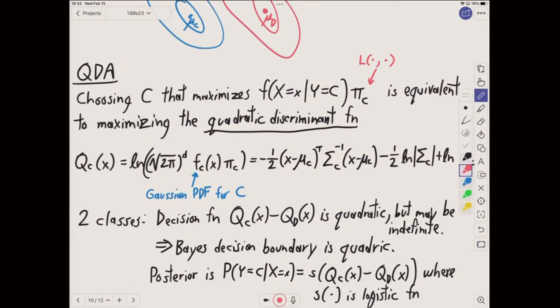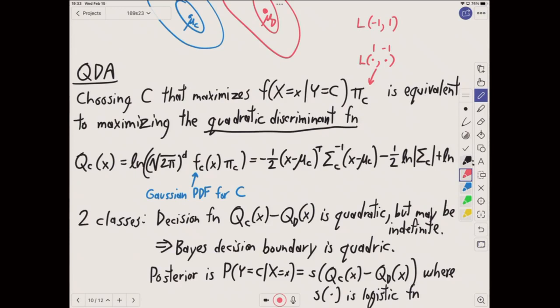All right, so essentially, we are in the same place where we are multiplying by the prior, we can also multiply by a loss function. And assuming that there are only two classes, I don't even want to get into loss functions for more than two classes, because that can be more complicated. But if you have two classes, then this is either going to be L1,2 or L2,1, one for one class, one for the other class.